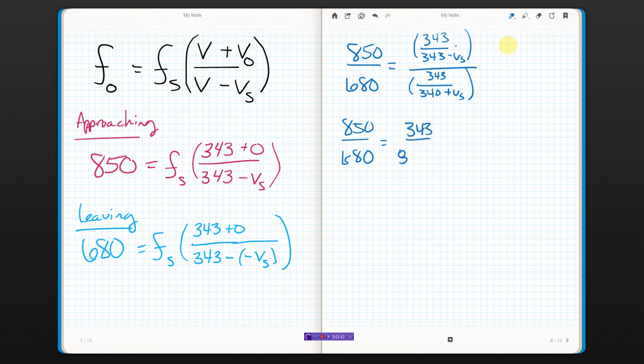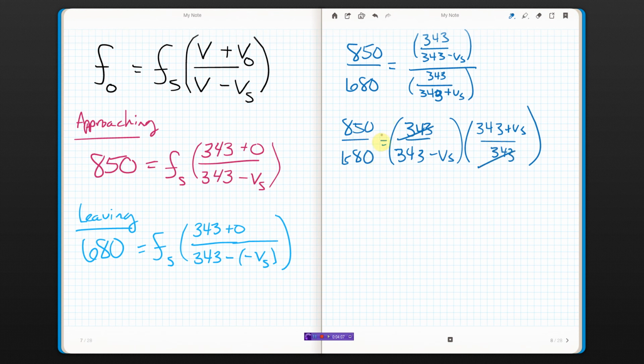Oops, that doesn't look like a 3, does it? Neither does that. I'm having problems. Okay, so I'm going to hit that one and flip it over. Oh, that's supposed to be 343 up here, over 343. Well, that means these go away.